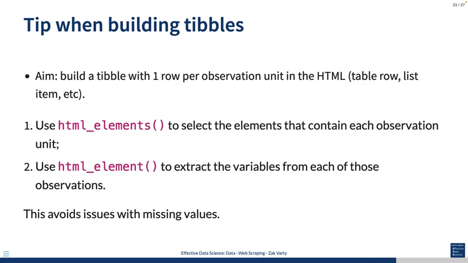If you take this approach, then it'll guarantee that you'll always get the same number of values for each variable. This is because html_element in the singular always returns the same number of outputs as inputs. This is really vital when you have missing data, when not every observation unit has a value for every variable of interest. We'll see this more explicitly with an example now.